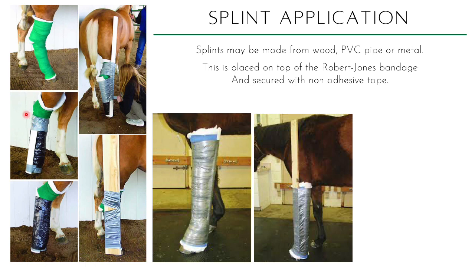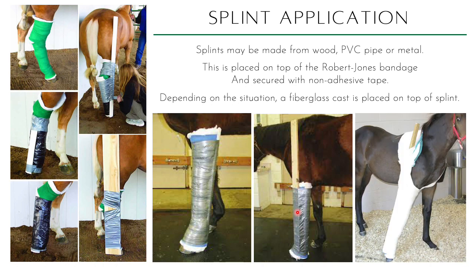Okay, we'll discuss this per level later. Right, and then you just secure it with duct tape. And now your patient is stabilized, the fracture is stabilized for transport. Okay, and depending on the situation, a fiberglass cast can be placed on top of the splint for further immobilization. But of course, it will depend on the practice that you are observing.